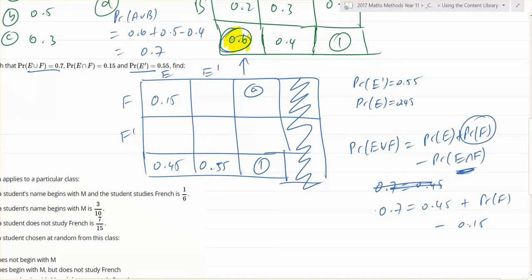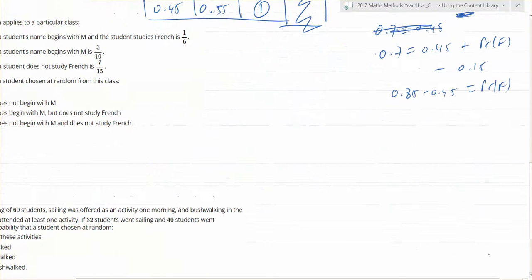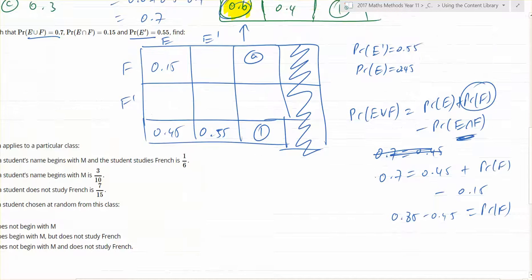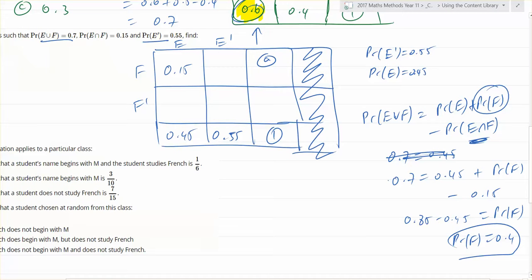If I solve this, 0.85 minus 0.45 equals the probability of F. We should get 0.4. So the probability of F equals 0.4.